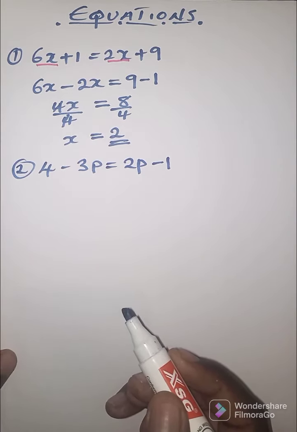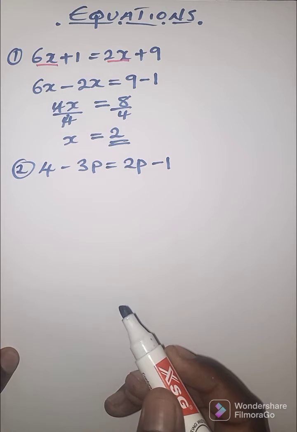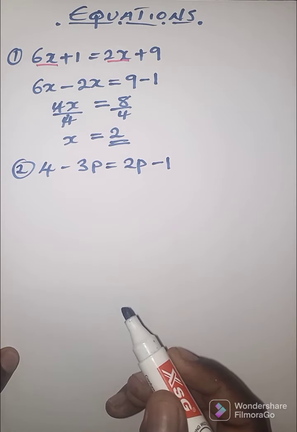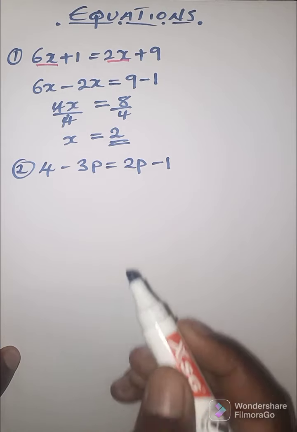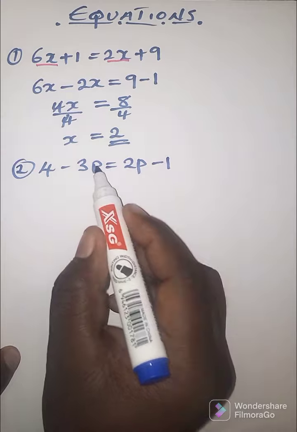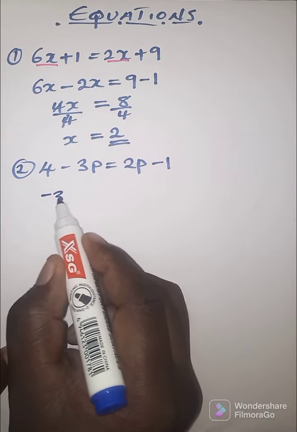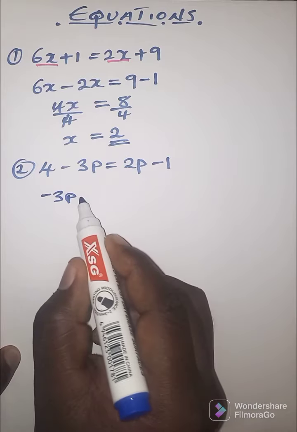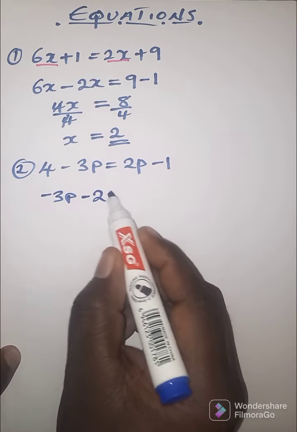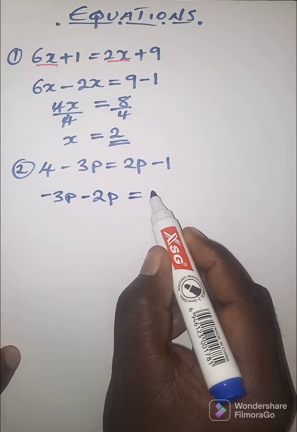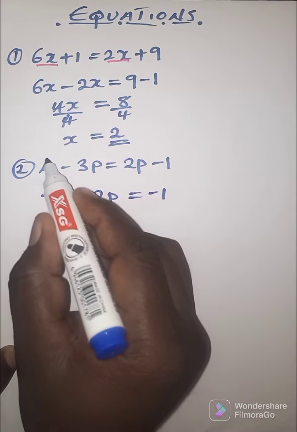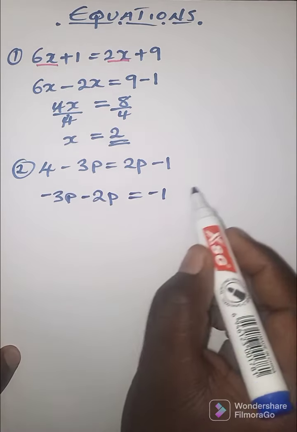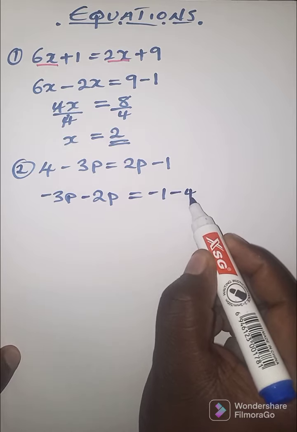Well, the process is just the same as what we did in the previous example. We can group the like terms. Those that have variables, you have a negative 3p there. We move the positive 2p to the other side, it also becomes a negative 2p is equal to minus 1. Once we move this positive 4 to the other side, it becomes a minus 4.